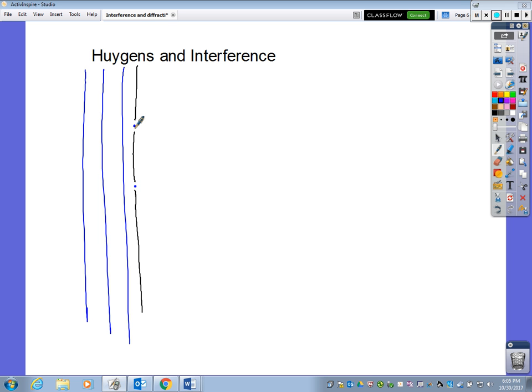We'll say 1 at each of those holes, and it expands in concentric circles. And this one expands in concentric circles. Where the 2 meet in the middle, you'll see there's places where they're going to interfere constructively and places where they're going to interfere destructively.